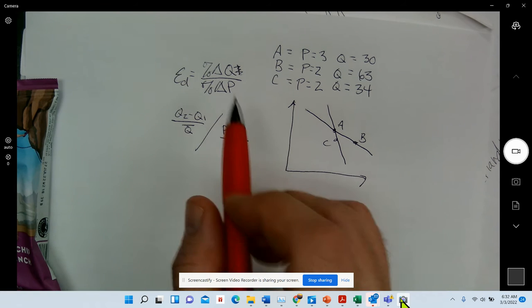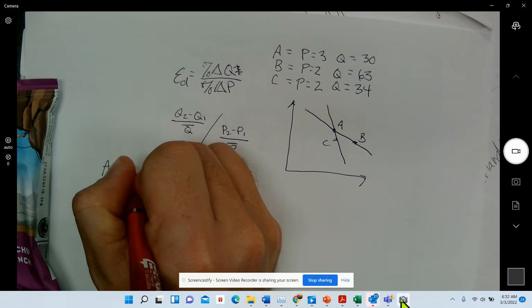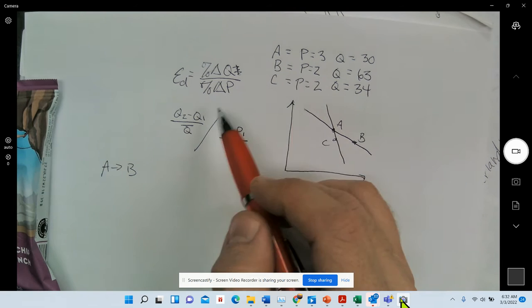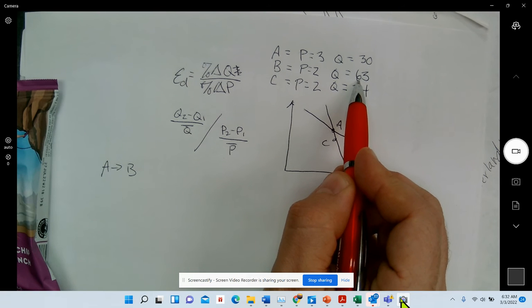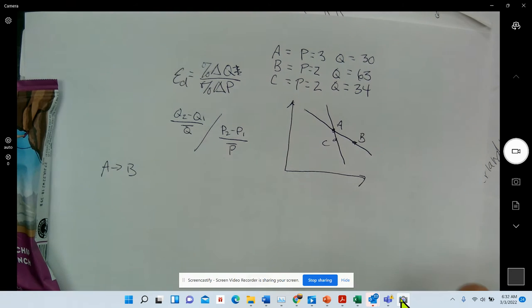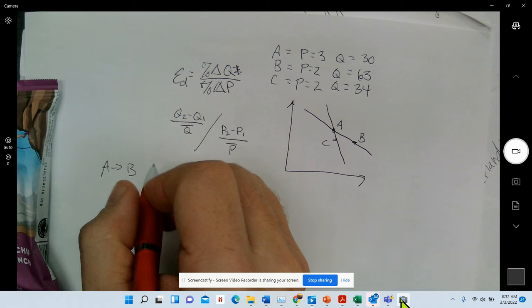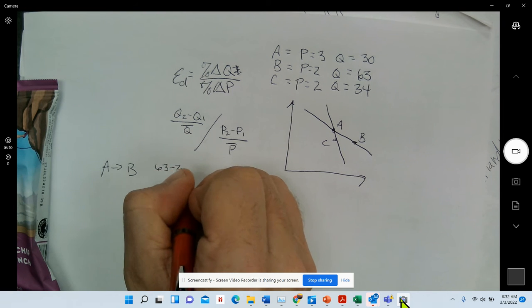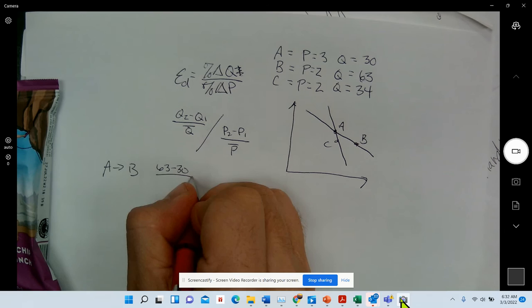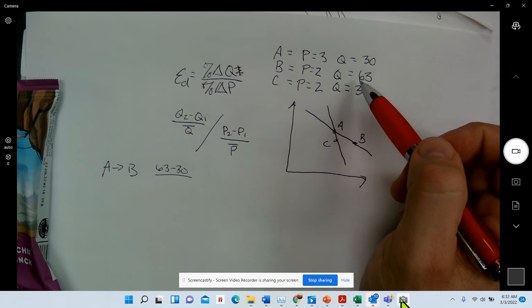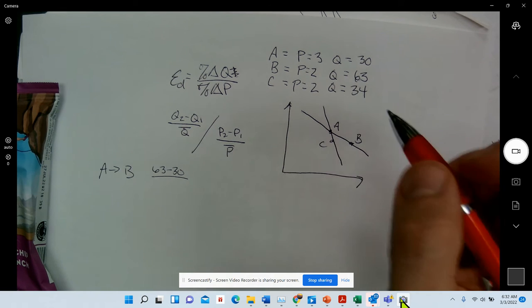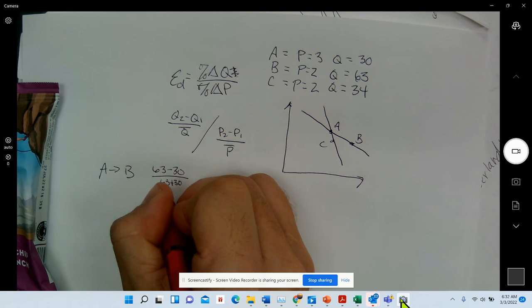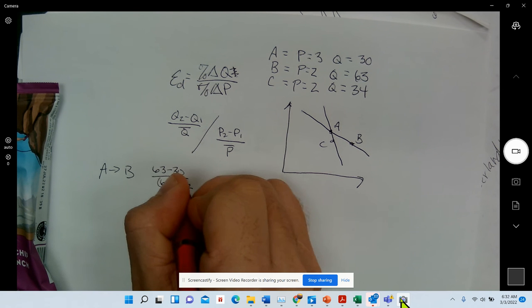Differences in our Q. So now let's go from A to B. The difference in Q is 63 minus 30, divided by Q bar, which is 63 plus 30 divided by 2.